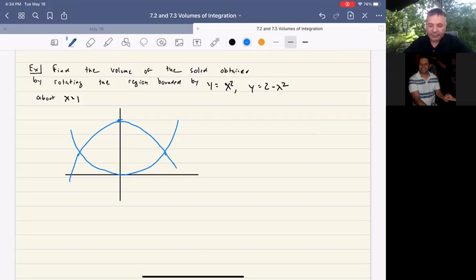So this line may or may not be x equals 1. Let's check. We need to find when they intersect.